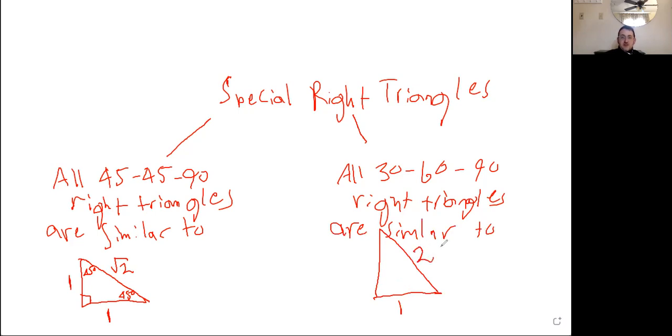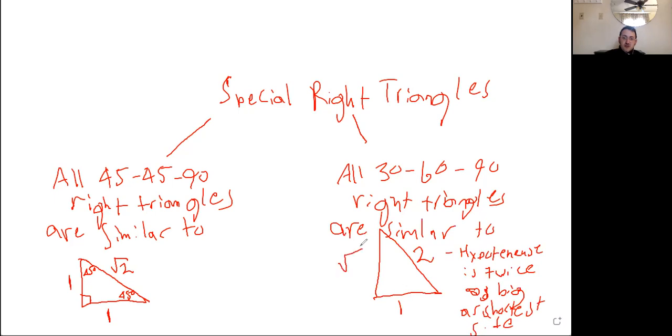The hypotenuse is twice as big as the shortest side. And then our longer leg is square root of 3 times as big, a number that's like 1.73. Now, the reference triangle would just have side lengths of 1, square root of 3, and 2.